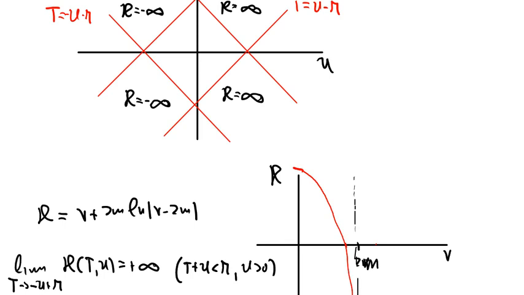I should have drawn this axis larger. So we have an intersection of this curve at a certain point, which we can compute from here. We just set small r equal to 0, and we get that r naught is just this value.